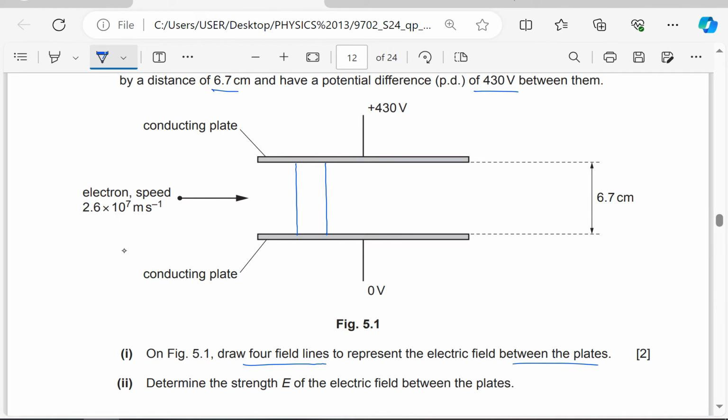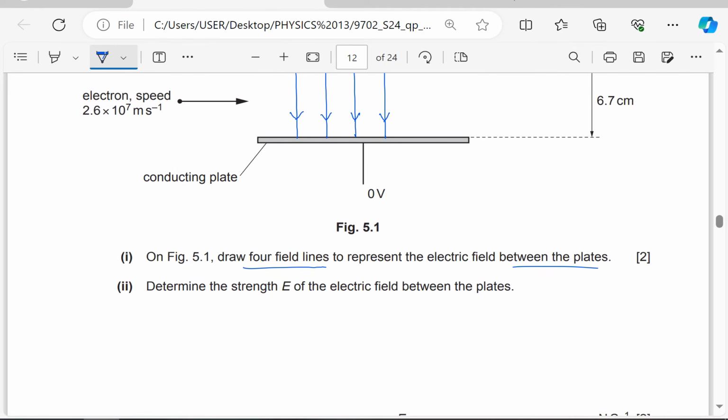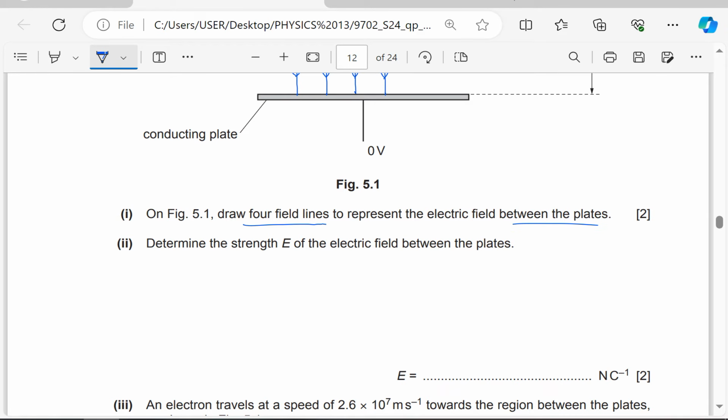I'm trying to measure the distance so that they are almost equally spaced. 3, 4. So they should be equally spaced and parallel. But field lines originate from high potential to low potential, so the arrows should point downwards.